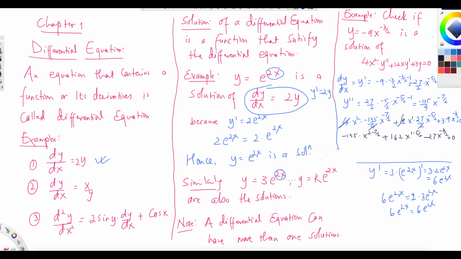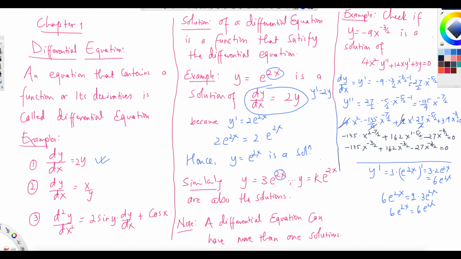We don't know yet whether the left side and right side are equal, so let us simplify this. You get -135 x to the 2 minus 7/2, which will be -3/2, because 2 is 4/2 minus 7/2, which is -3/2, right? Plus 162 x to the -3/2, and then minus 27 x to the -3/2 equals 0.